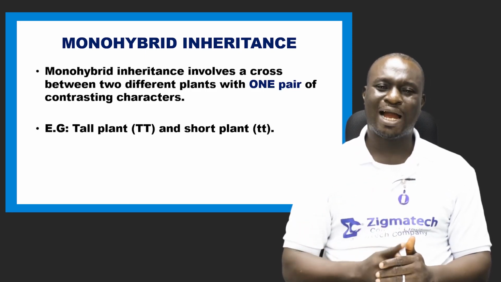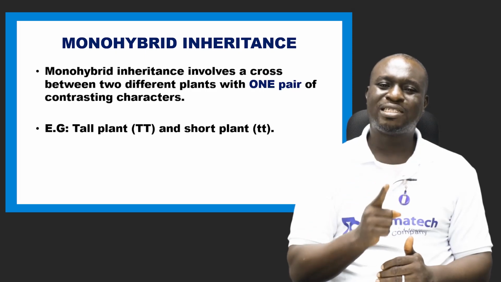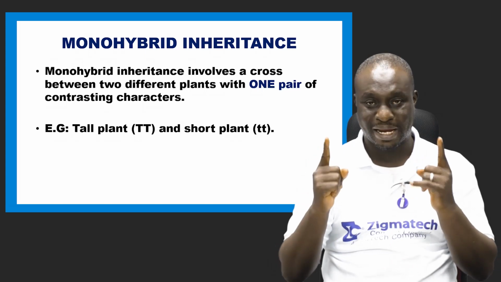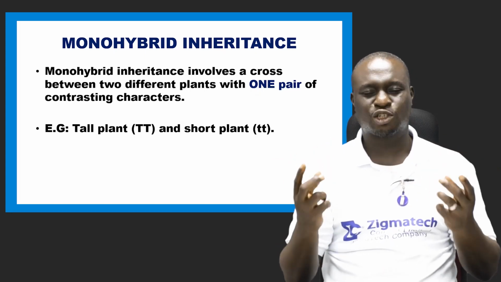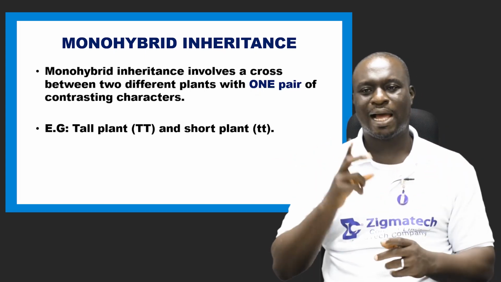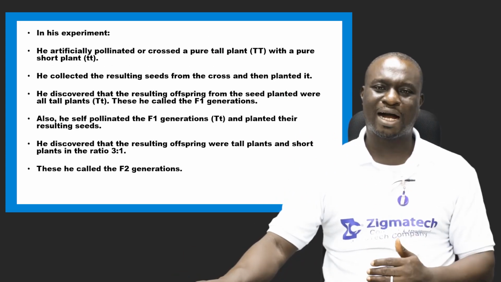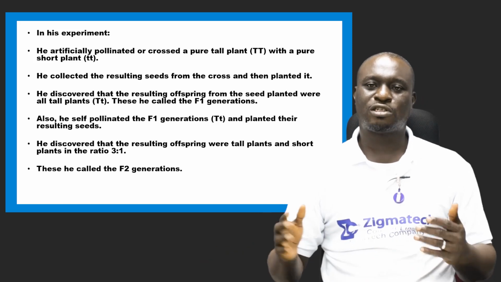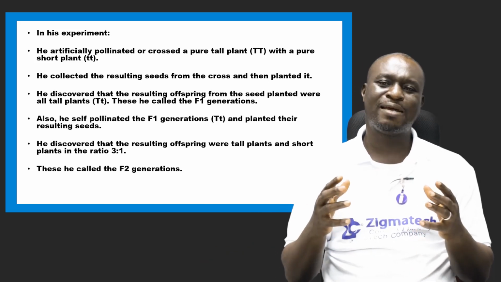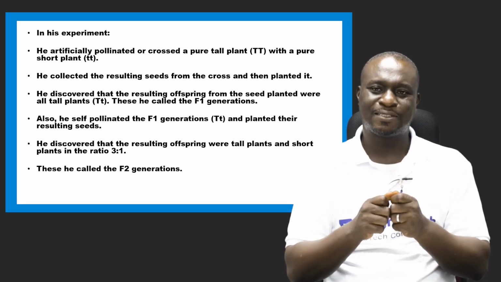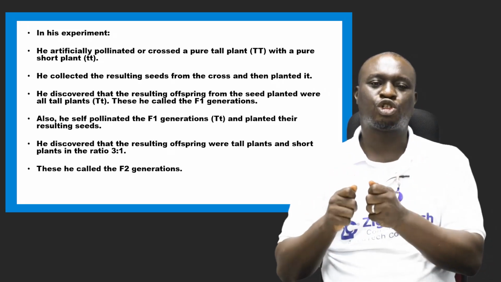In this monohybrid inheritance, Gregor Mendel worked with a tall plant and a short plant. That is one pair, but the characters are contrasting, tall and short. Okay, now, how did he carry out this experiment? First of all, he artificially pollinated or crossed a pure tall plant with a pure short plant.